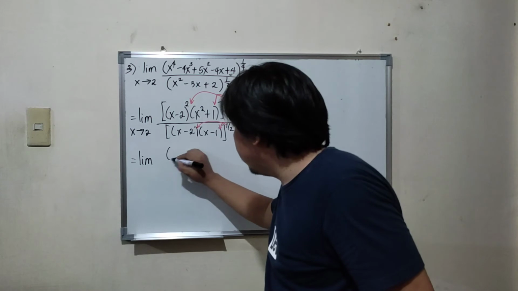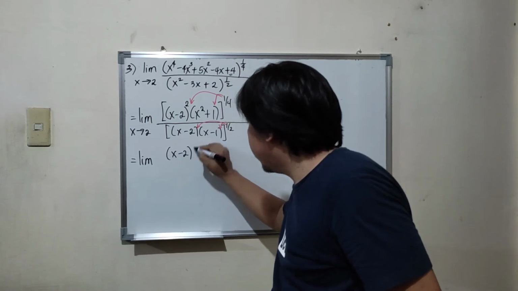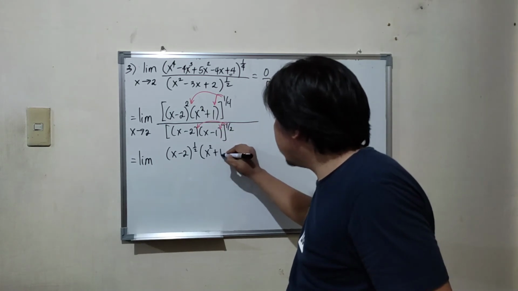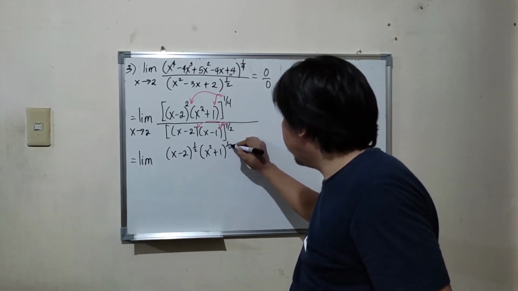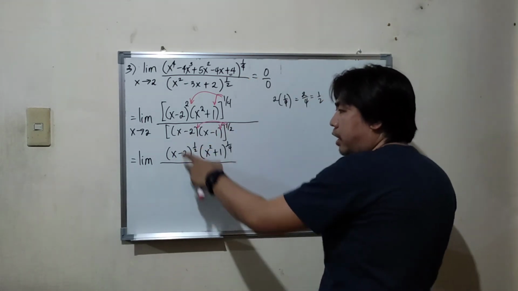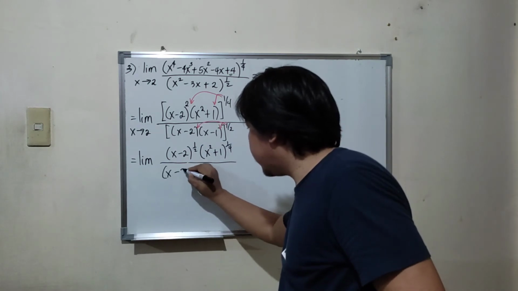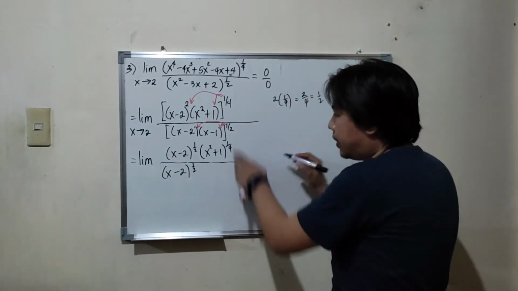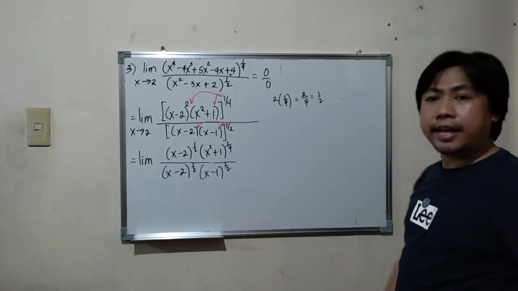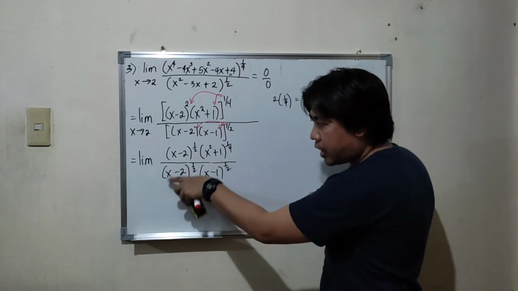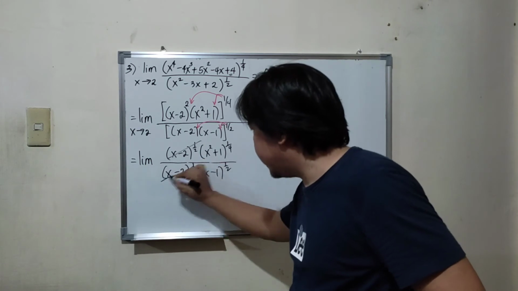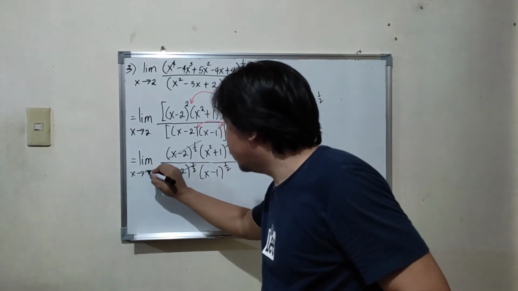So the numerator will become x minus 2 raised to 1/2 times x squared plus 1 raised to 1/4, over, so distribute yung 1/2 sa x minus 2. So magiging x minus 2 rin ito raised to 1/2 and then x minus 1 raised to 1/2. Okay, so same expression, x minus 2, same exponent. So therefore we can simply cancel this as x approaches 2.